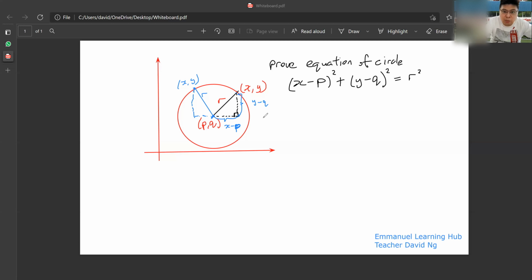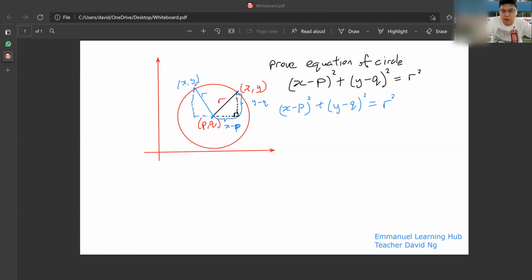So your Pythagoras theorem will tell you that (x - p)² + (y - q)² = r². And this is the relationship between the coordinates of the center of the circle, any point on the circle, and your radius. Therefore, this is the equation of the circle. Okay, understand?